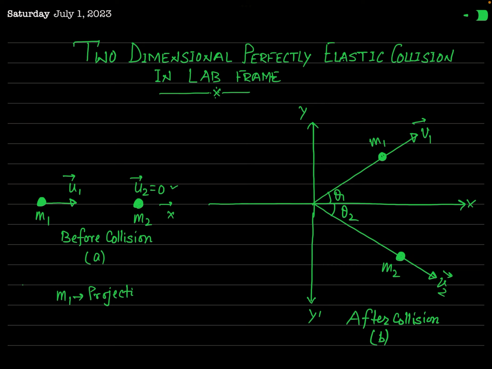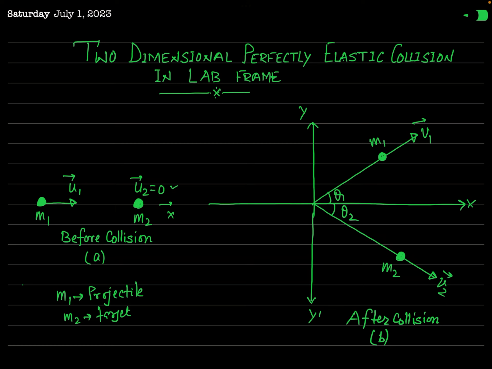So in this problem there is a projectile of mass m1 moving with velocity u1 with respect to the laboratory frame, and it collides with another mass m2 which is at rest. This m2 is called the target, and the target I have considered here is stationary. This is the situation before collision.